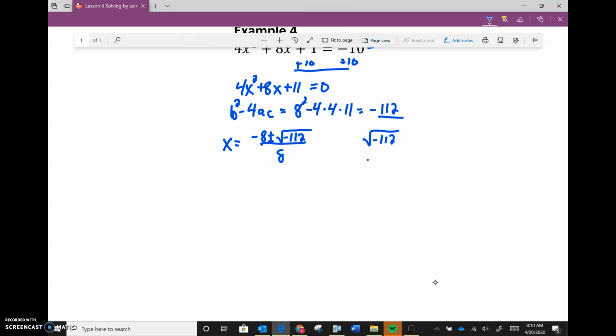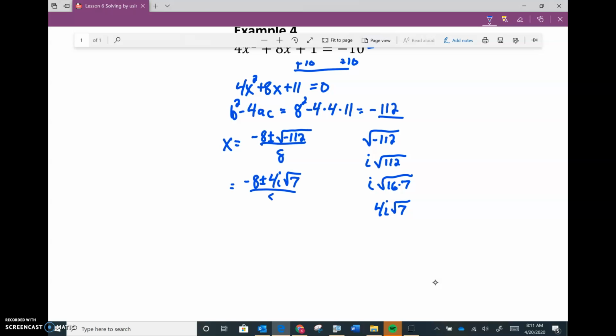Since it's a negative, the first thing is we can pull out the i, and then see if you can find the biggest perfect square that goes into 112, which again, there's a couple of them, but the biggest one would be 16. 16 times 7. Square root of 16 is 4. So this ends up as 4i square root of 7. So we got negative 8 plus and minus 4i square root of 7.